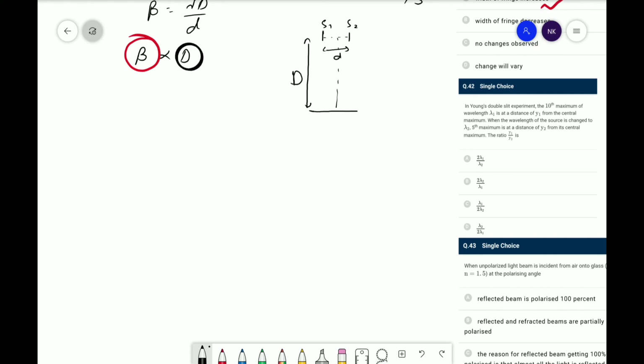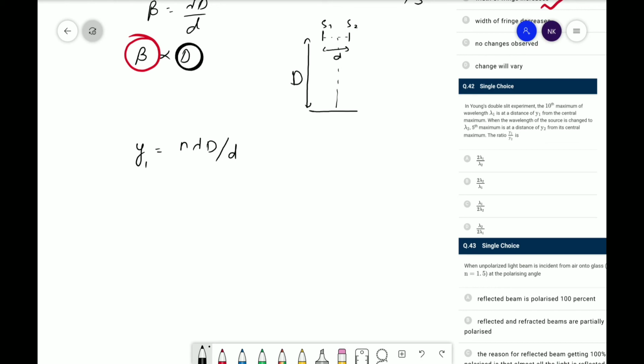So we know the formula of the distance in the form of y: y is equal to n lambda D upon d, where you already know what small d and capital D are.